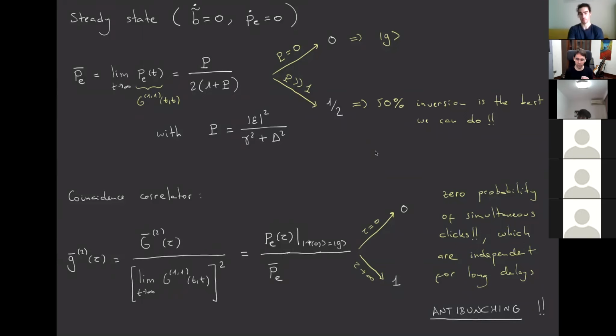And the other important thing of this is that, just like I told you before, all the correlation functions that we were seeing are all classical, in the sense that just with a classical electromagnetism model for optics, you can explain them. This one in here, so this antibunching, is a phenomenon that cannot be explained with classical light. So with a semi-classical model in which the atom is quantized, but not the light.